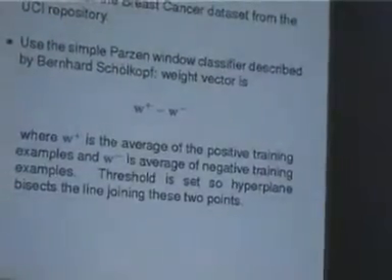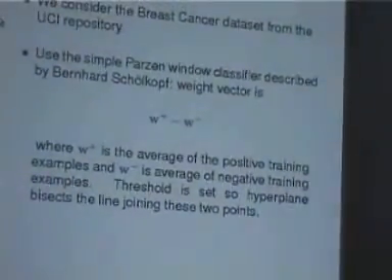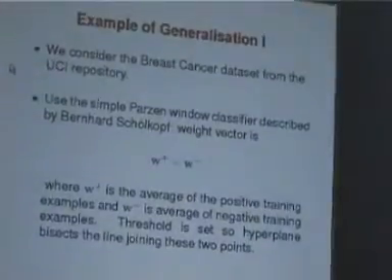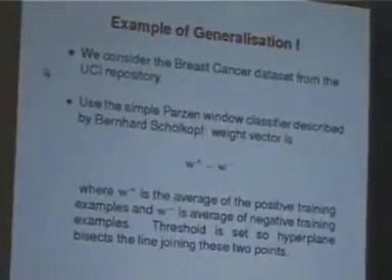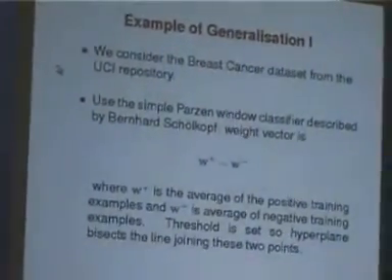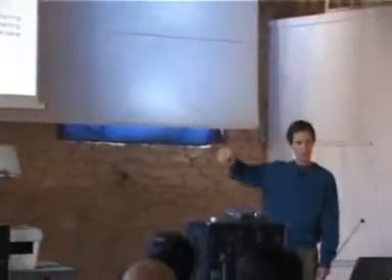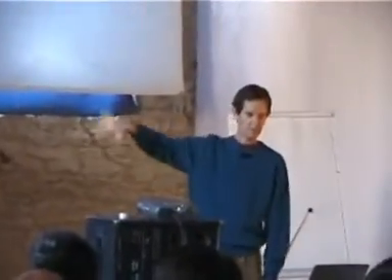The weight vector is just the average of the positive training examples minus the average of the negative. So imagine there's a cloud of positives with a point in the center of that, and a cloud of negatives with a point in the center of that. Join the two and bisect the line between them. That is the hyperplane that we're going to use to classify. Okay, it's very, very simple.